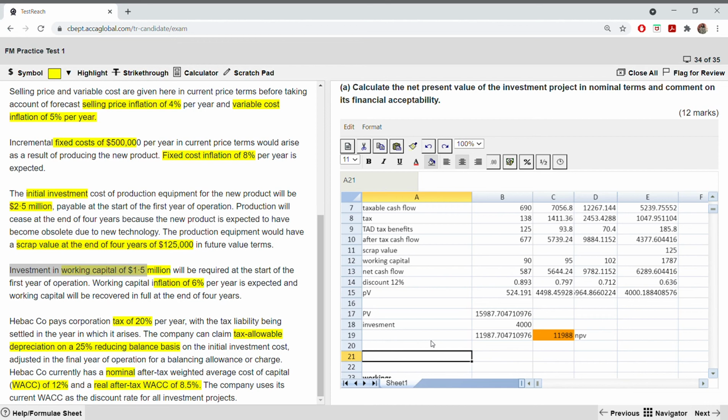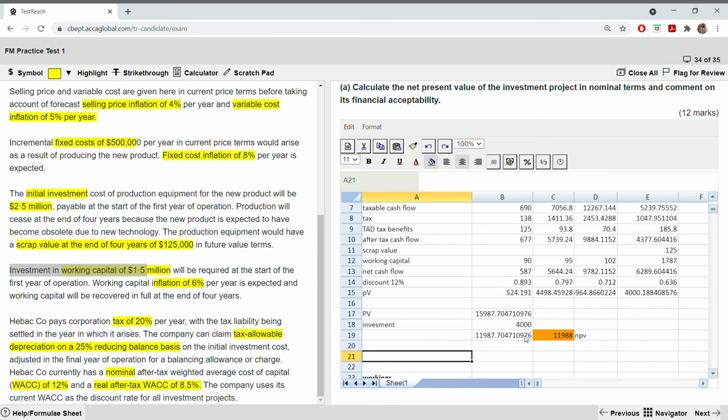Okay, now I know that this question is kind of very boring, right? We have been in this question for a long time. It's almost going to be 2 hours for this question, but there is an alternative way for finding the after tax cash flow.